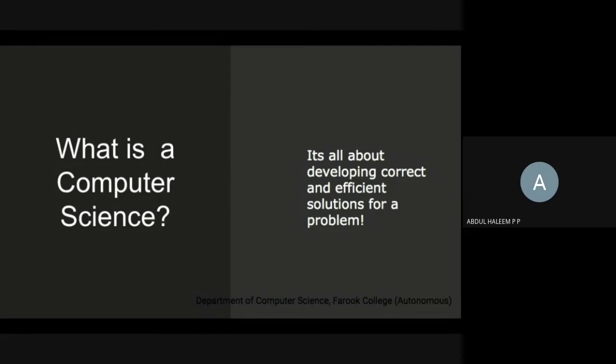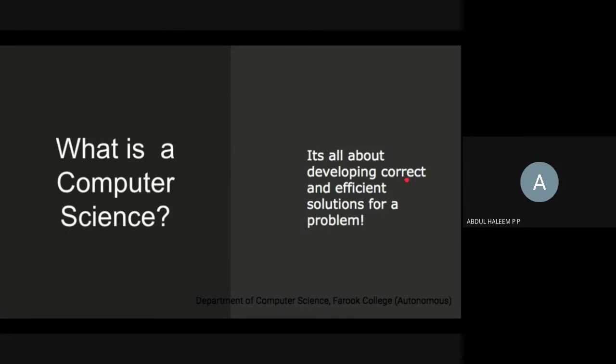A machine does not have any way to check the correctness of a solution. Once the solution is translated into a language which it can understand, it will start executing that. So it is the designer's responsibility to see that the solution is correct.